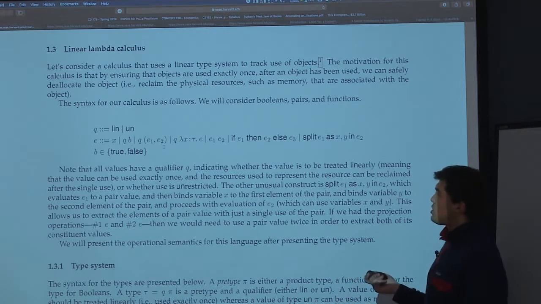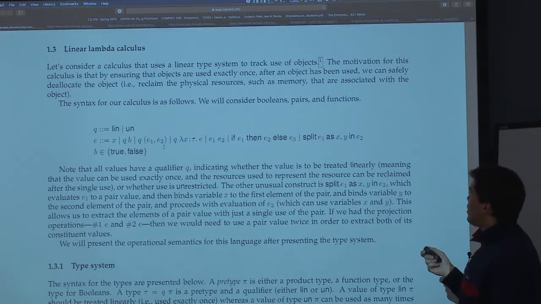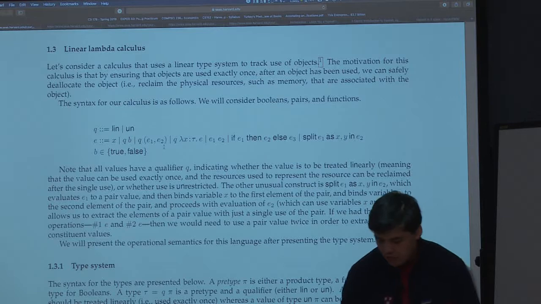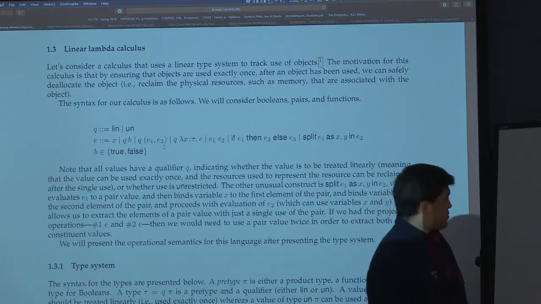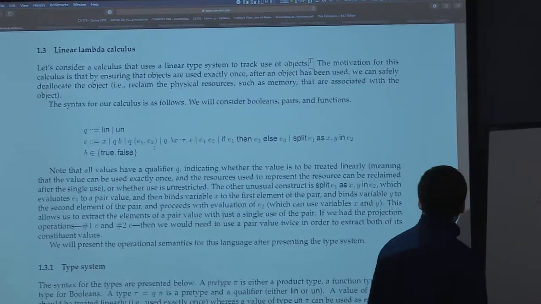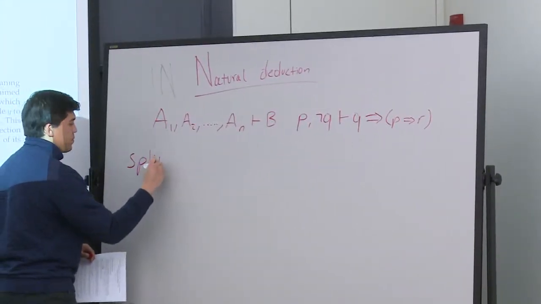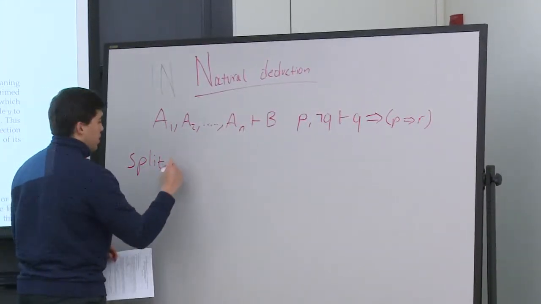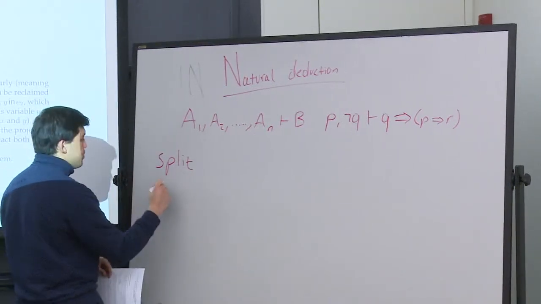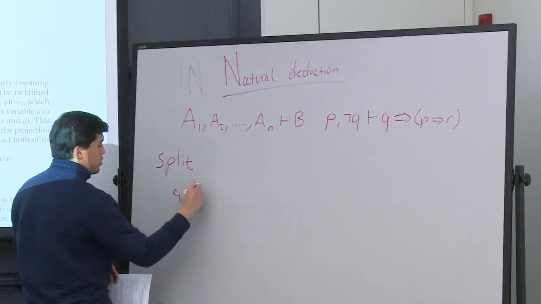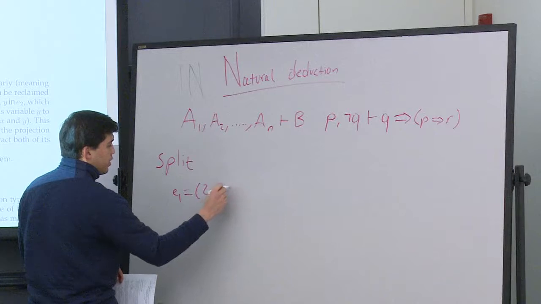Some new ones here are split E1 as x, y in E2. Let's give a quick example of this syntax. Let's say we have split our expression E1, let's make it equal to the pair 2, 3.